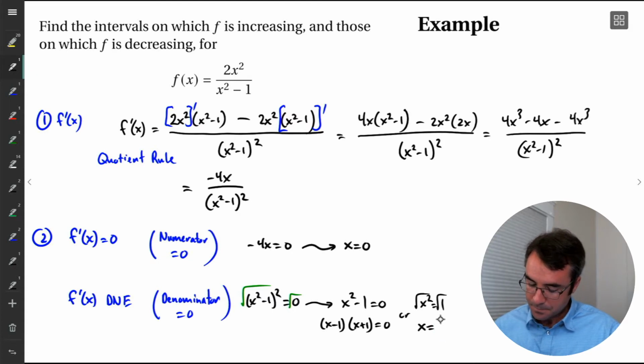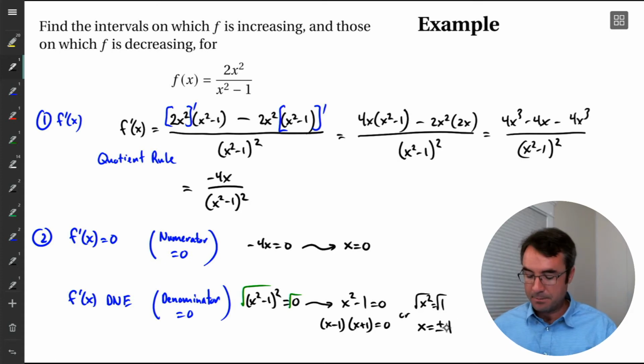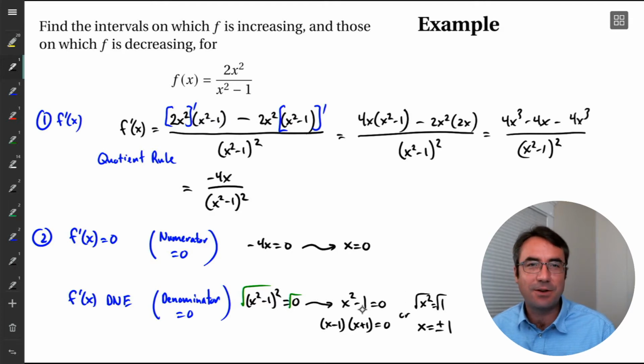So x equal to plus or minus 1. So whenever we're solving for x and we apply the square root function, plus or minus. So x squared equal to 1, we should get 2 solutions, x equal to plus or minus 1. You also see that if you factor. So if we factored into x minus 1 times x plus 1, you'd get the same solutions. So there's different ways to think of how to solve this. In this case, though, we get x equal to plus or minus 1.